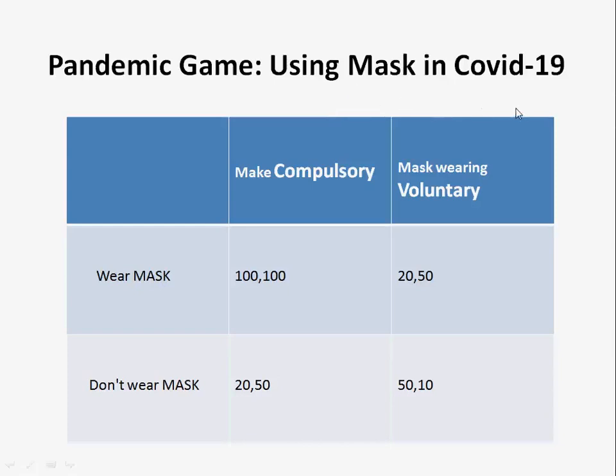In this case, it's the US government, and it has two choices, two actions or strategies. First, it can make wearing a mask compulsory, so anyone who is not wearing a mask can be fined or even harshly penalized. Or it can make wearing a mask voluntary, so it may not impose any restrictive legal action on its citizens.